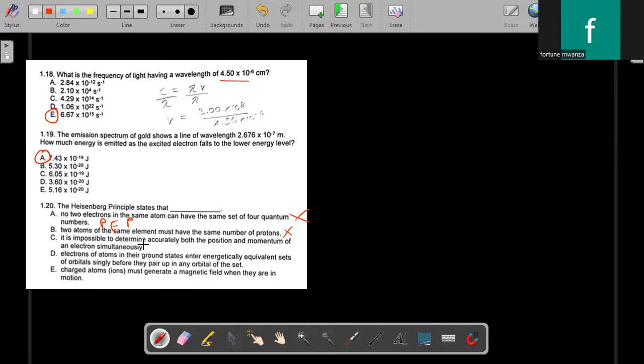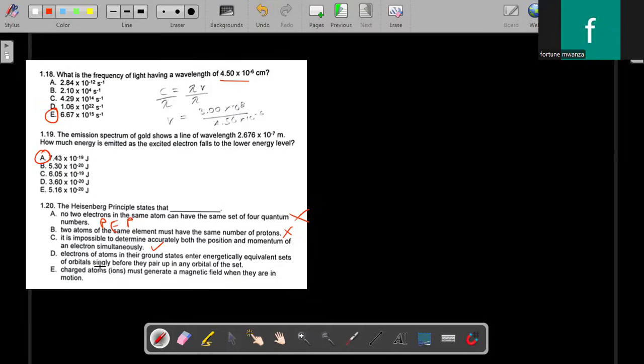Heisenberg is the one who came up with this idea, saying we don't really know where an electron is located. We can't really tell the exact location of an electron. So this one, which says it is impossible to determine both the position and the momentum of an electron simultaneously, is the Heisenberg principle.